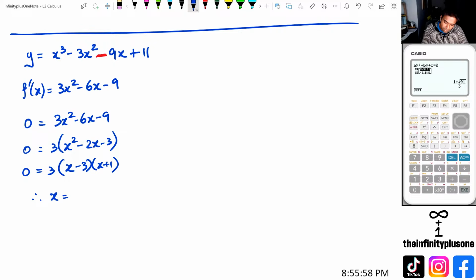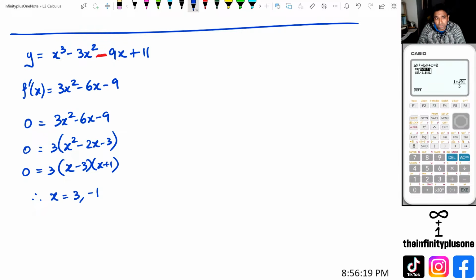Therefore, x is equal to positive 3 and -1. Joy, you don't need to worry about getting the y values, because for increasing and decreasing functions, you only need the 2 turning points. Okay, so here's what happens. Watch this.